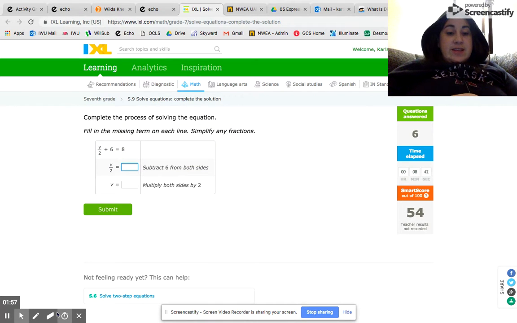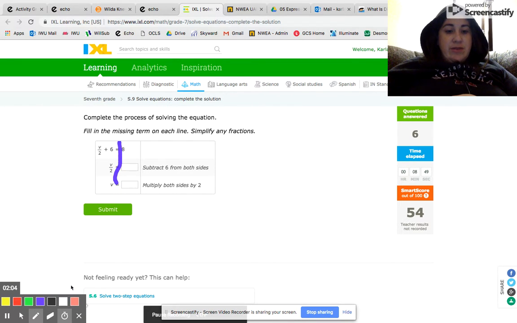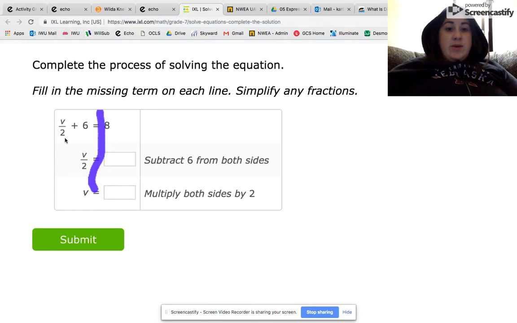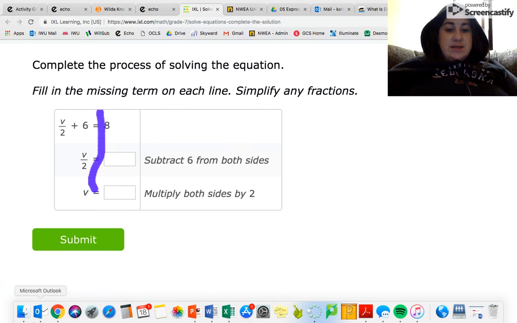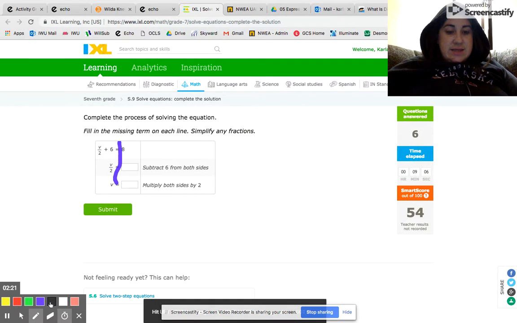All right, for this one, we're going to draw that line down the equal sign. Ooh, that's a terrible line, so we're just going to pretend that it's a correct line. Now, what does it say? Subtract 6 from each side. So what is 8 minus 6?